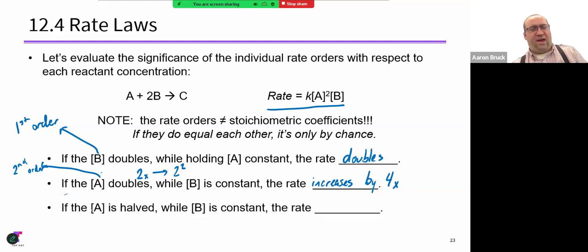And the same logic applies here as well. If A is halved when B is held constant, well, now we're doing 1/2 squared. 1/2 squared is 1/4.